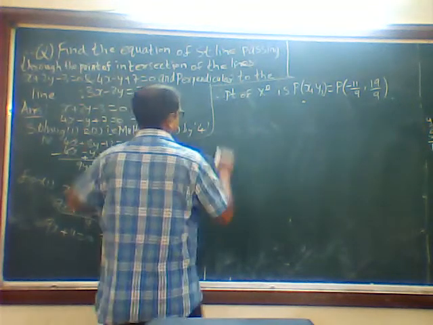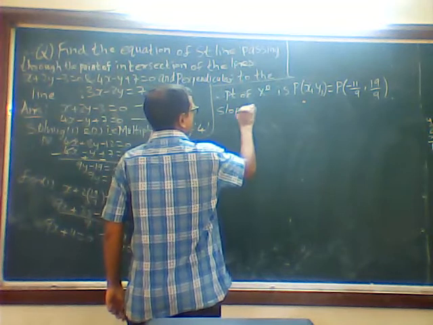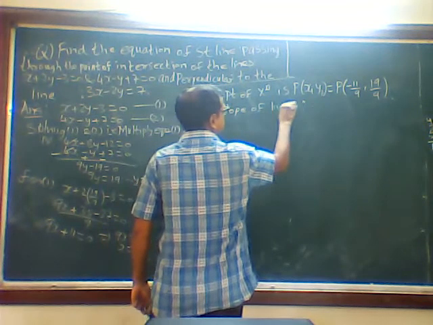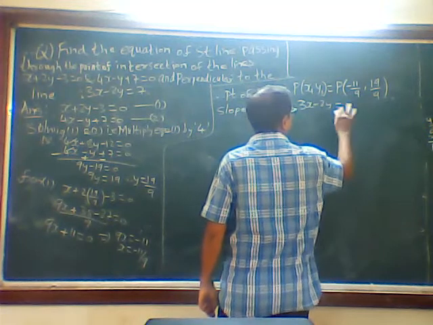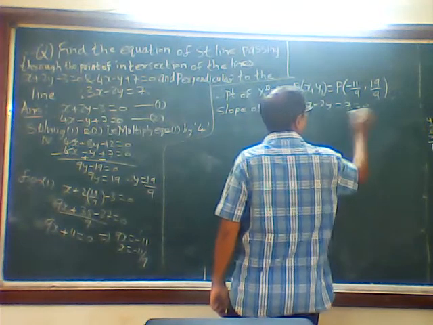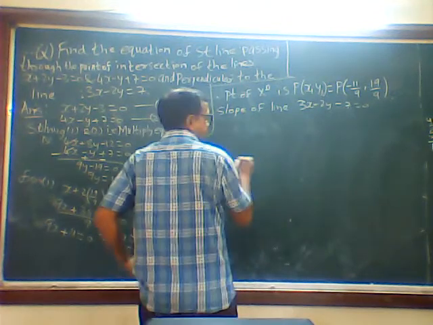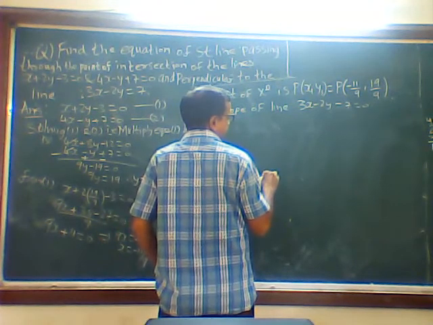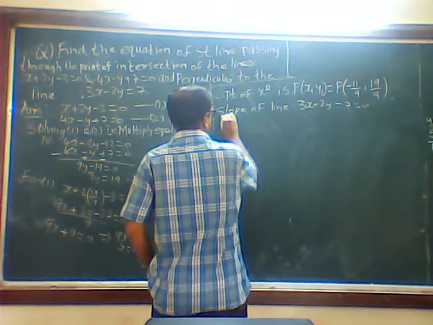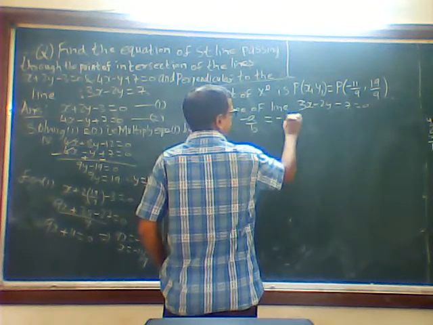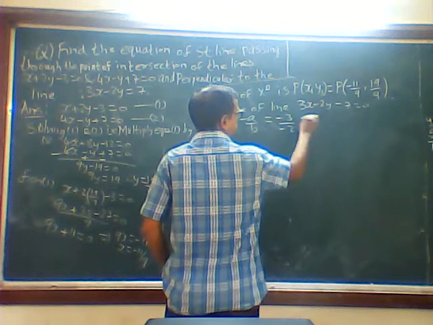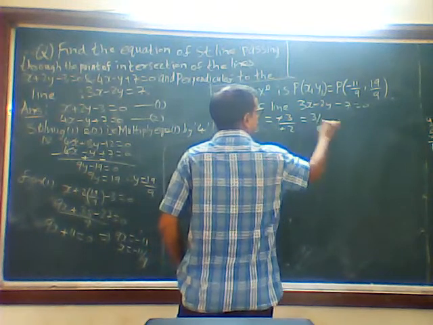A and B are known to me. Slope of the line 3x minus 2y minus 7 is equal to 0 is minus a upon b, which is minus 3 upon minus 2, that is 3 upon 2.